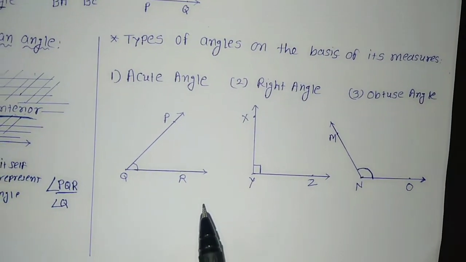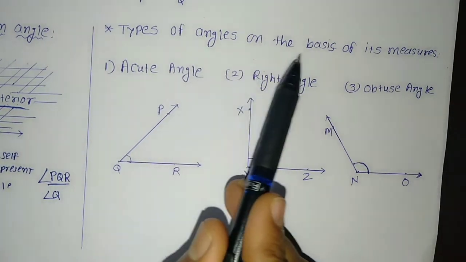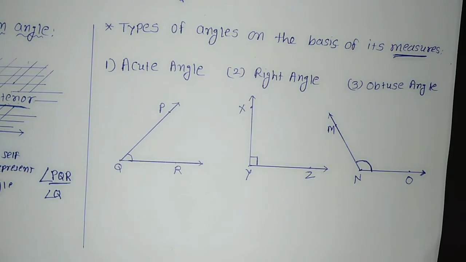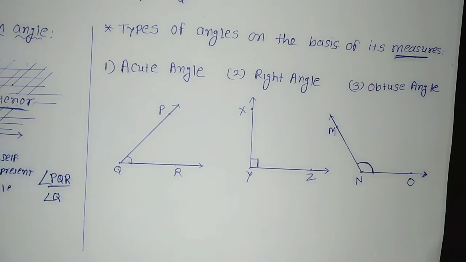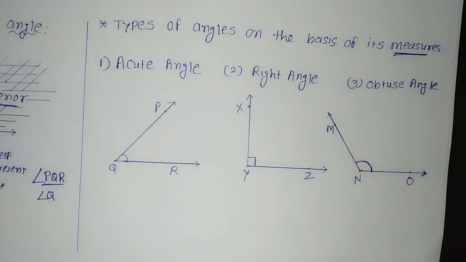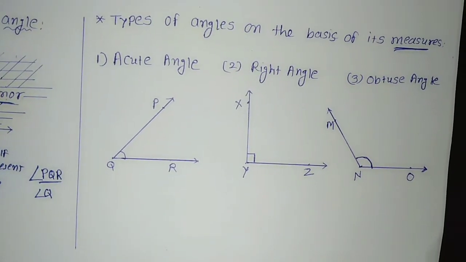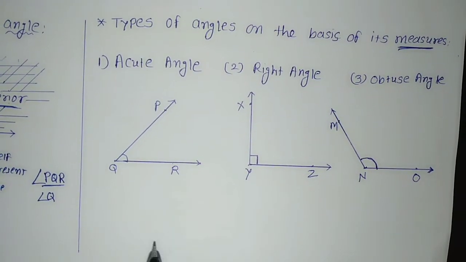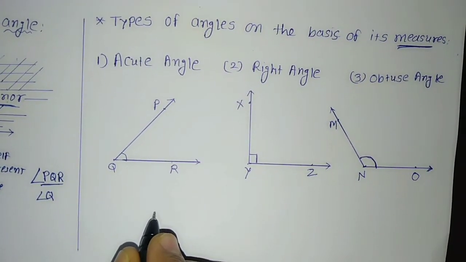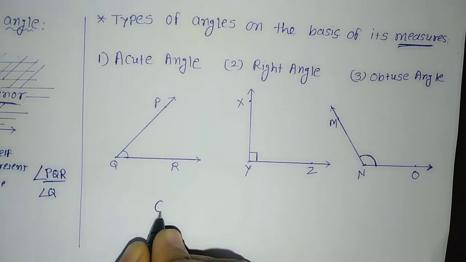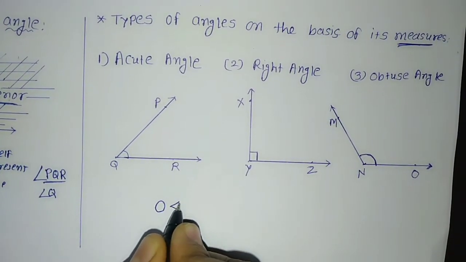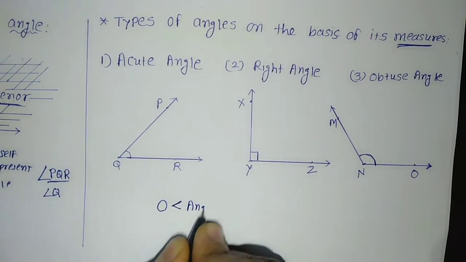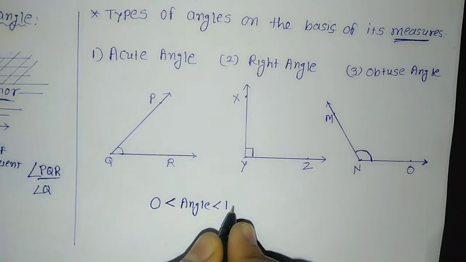This is the basic thing that you have already learned, types of angles on the basis of measures. This is a most important thing. Angles can be classified on different bases; here we are taking it on the basis of measure. Now remember always, whatever angle there is, the measure of the angle would be more than 0. 0 cannot form an angle, and its measure would be less than 180.